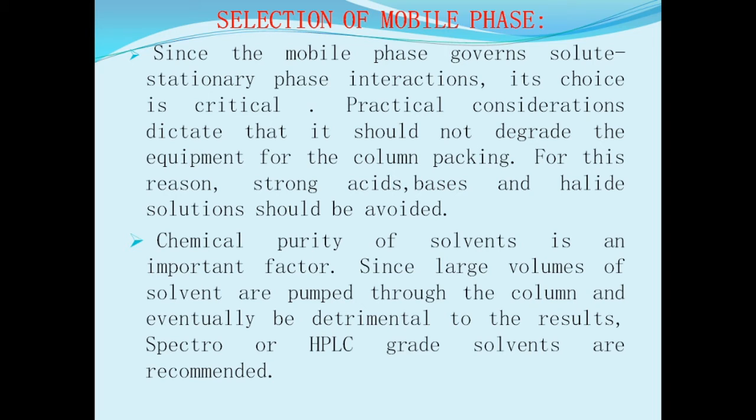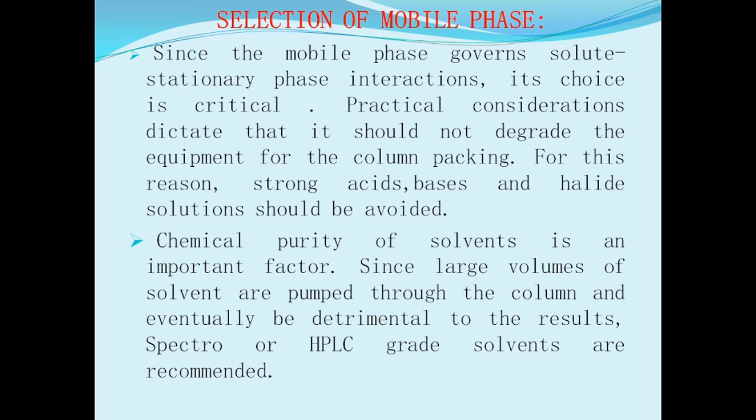Selection of mobile phase. Since the mobile phase governs solute stationary phase interactions, its choice is critical. Practical considerations dictate that it should not degrade the equipment or the column packing.